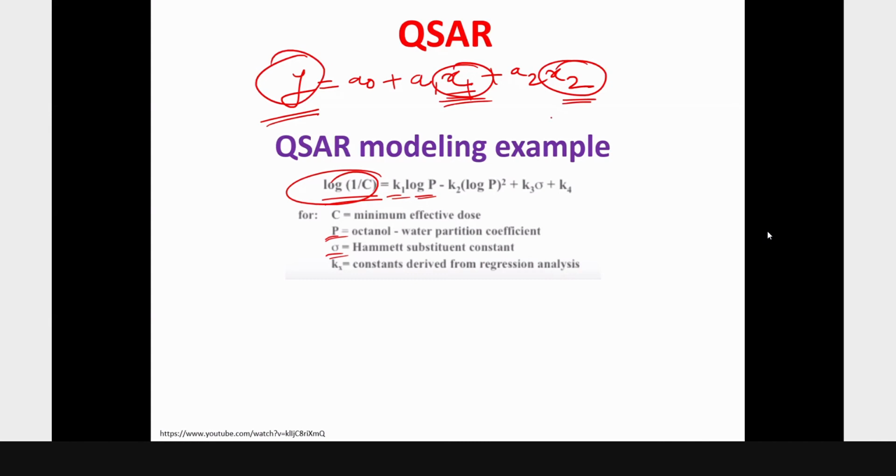And for that you will need to input the structure of your compounds, of your ligands, into some software which will calculate the molecular descriptors for you. Once you know the molecular descriptors, and if you already have some activity values from experimental data, you can come up with the model, and this model you can use for finding the activity values of new compounds.